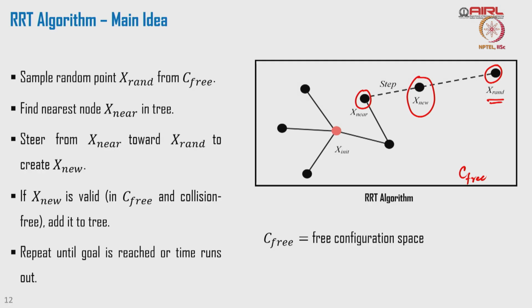That means x new should not be outside the configuration space, it should be inside the set. So, if x new is valid, that means it is inside the configuration space and it is collision free, that means going towards that point is collision free, then x new will be added to the tree. These steps will be repeated until the goal is reached or the time runs out.